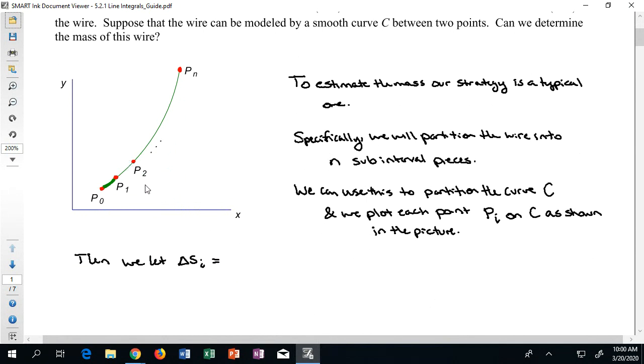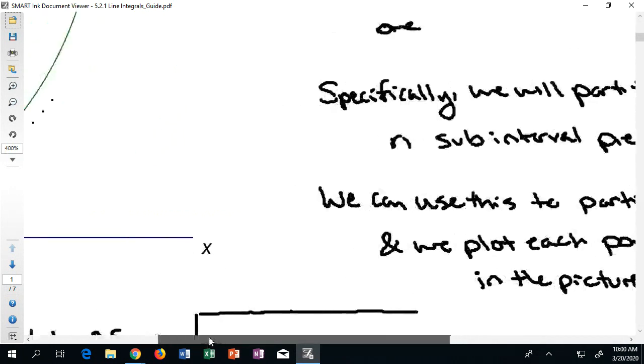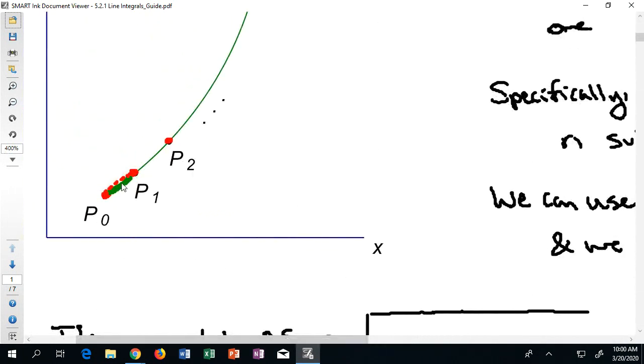Calculating that length isn't too hard, because I can at least estimate it by playing connect the dots with those red points. If I zoom in on the picture, I'm imagining playing connect the dots between these two red points, and that's a line I can measure the distance of, because it's just a line, not a curve.